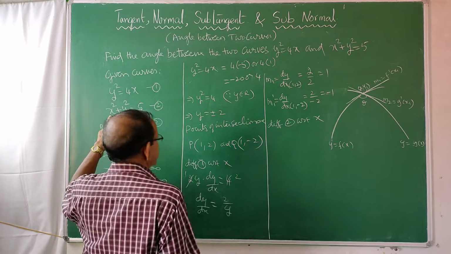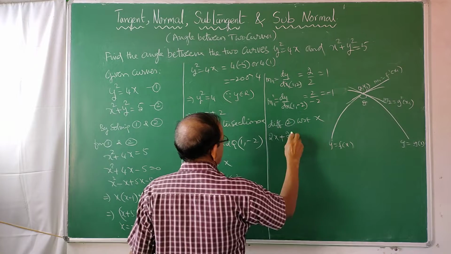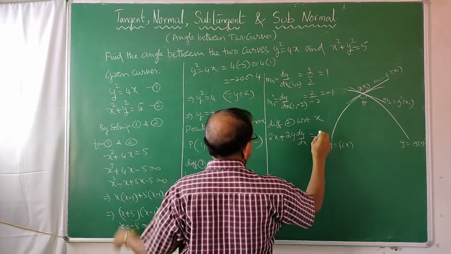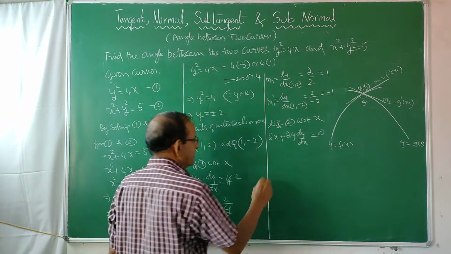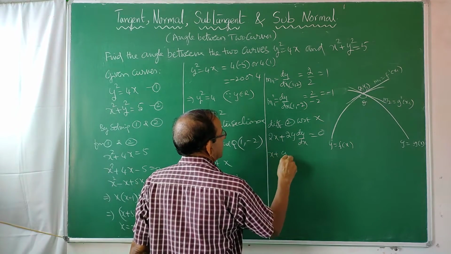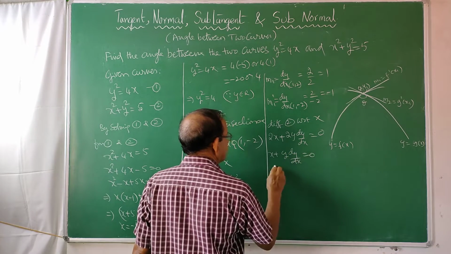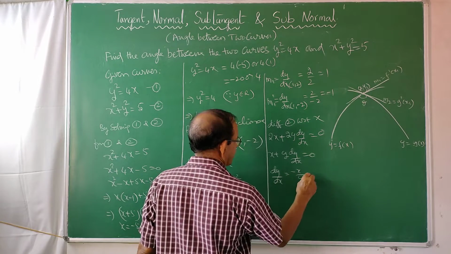The derivative of x square is 2x plus the derivative of y square is 2y into dy by dx, equal to the derivative of 5, which is 0. Divide both sides by 2: x plus y into dy by dx is equal to 0. So dy by dx is minus x by y.